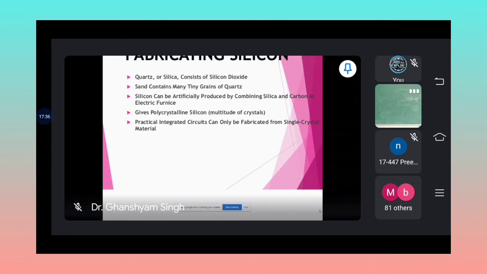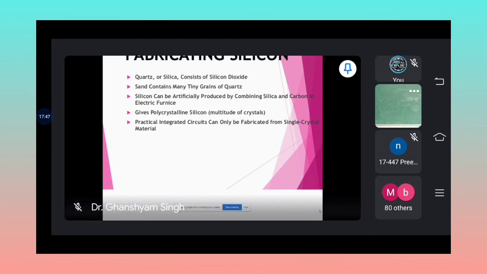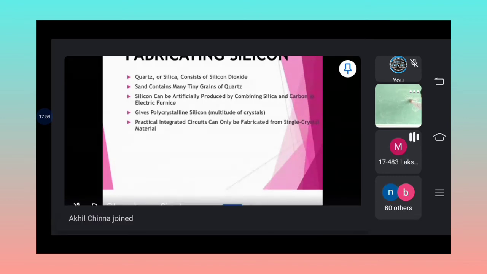Now we come to the positive photoresist. The resist is exposed with UV light wherever the underlying material is to be removed. In these, the resist exposed to UV light changes chemical structure so that it becomes more soluble in the developer.